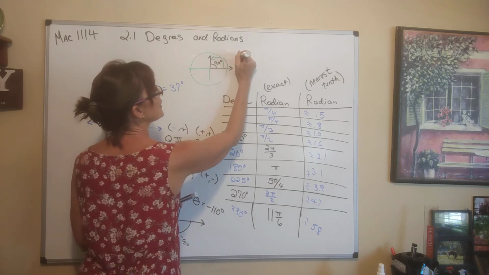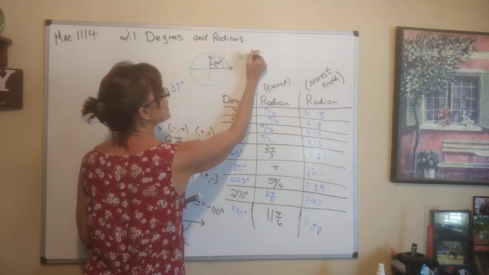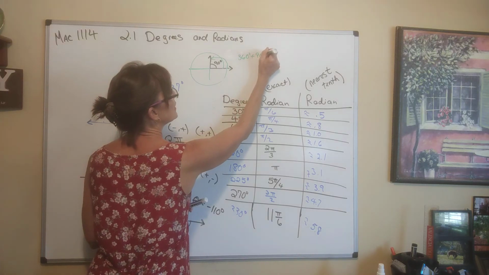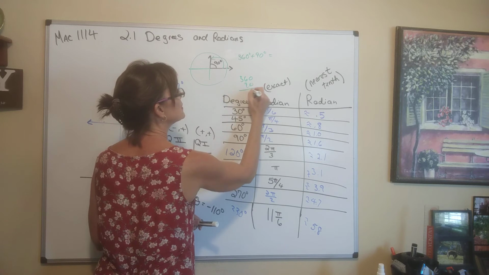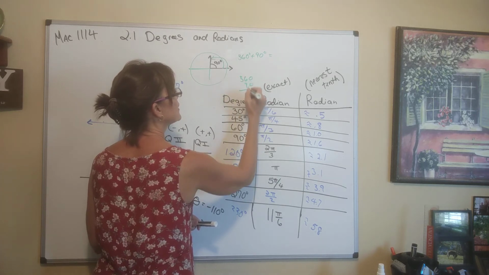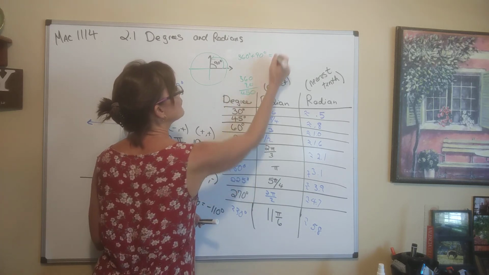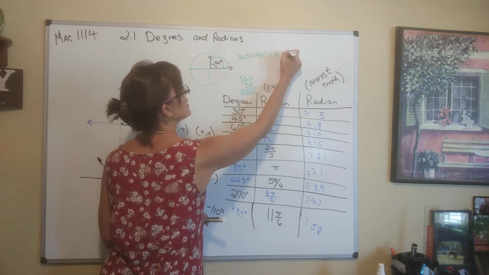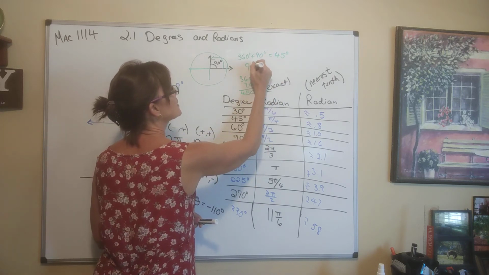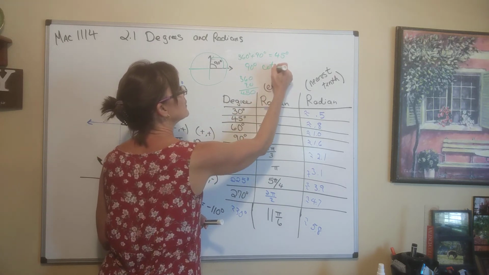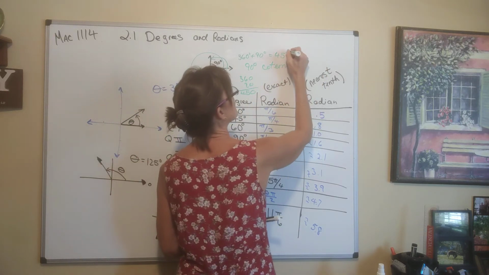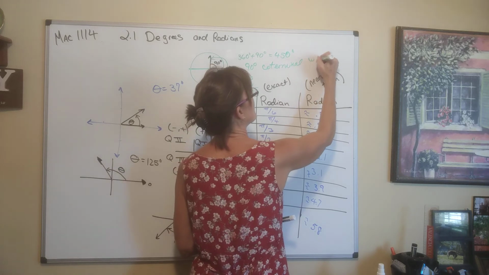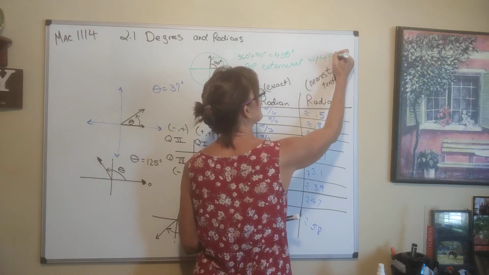So that would be 360 plus 90, and that would be 450 degrees. So 90 degrees is coterminal with 450 degrees.